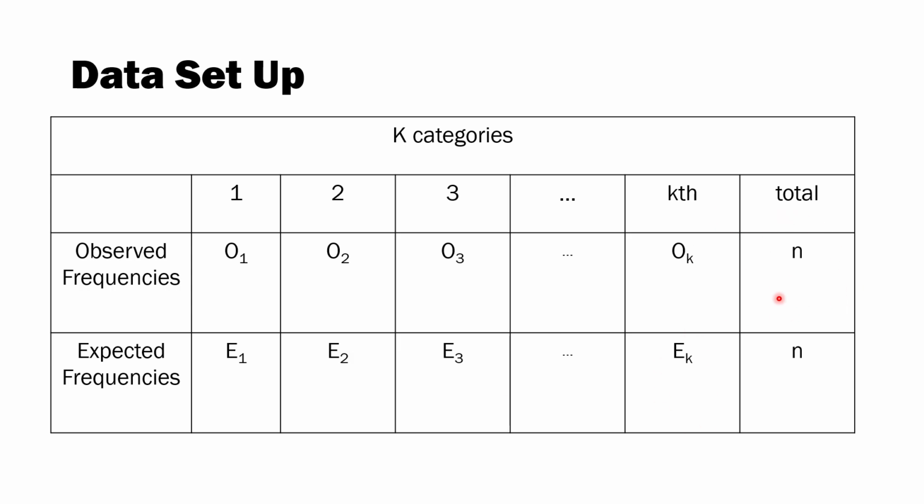And then we're going to total. When we're totaling the data, we're going to have row totals, column totals, and a separate grand total.